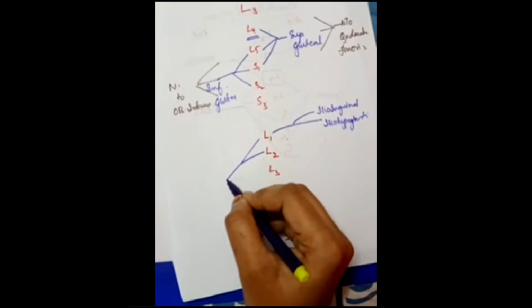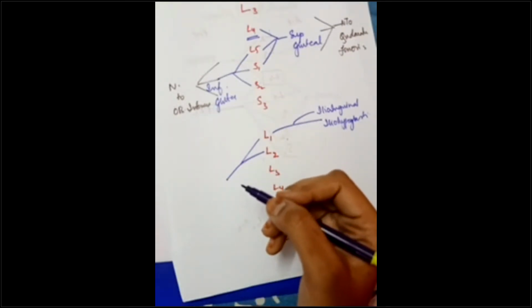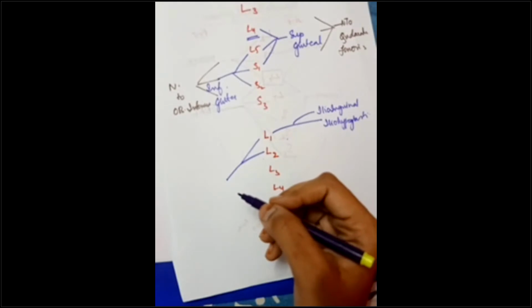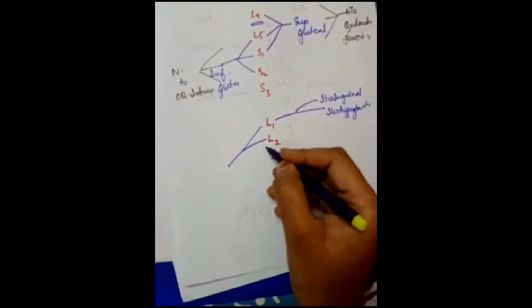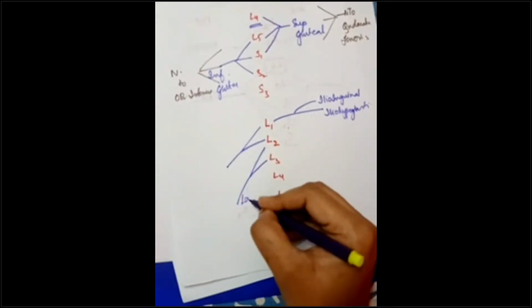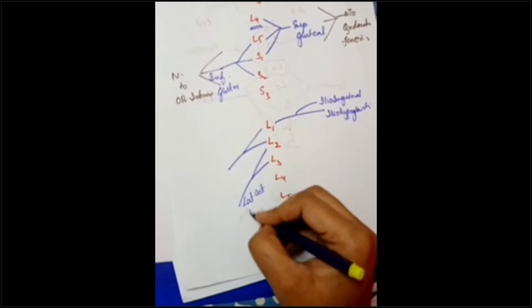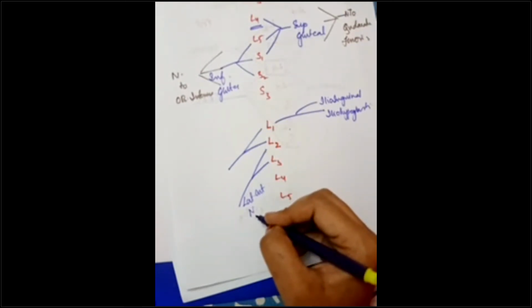Now your L1, L2 will give your, sorry, I forgot. L1, L2 first. Wait, L1, L2 is there. L2, L3 will give your lateral cutaneous nerve of thigh. One second, guys.